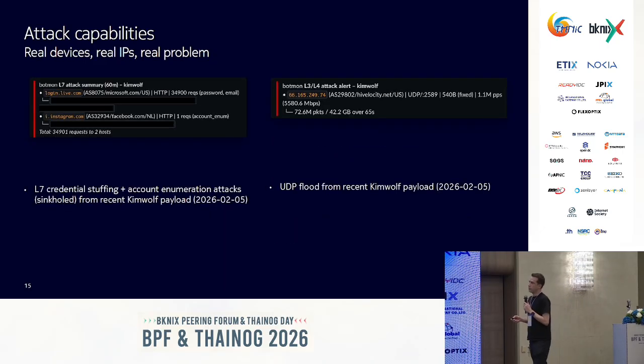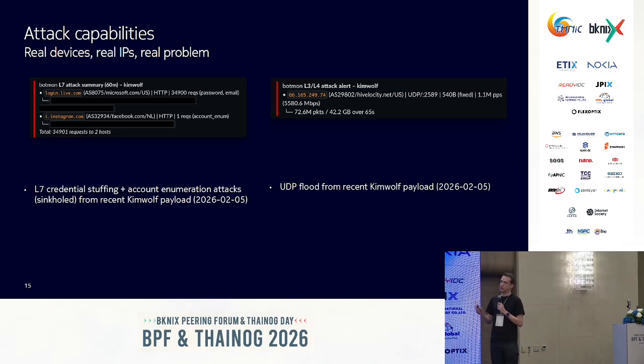Another example, and this is part of what we do, we run the malware to observe what it does. We see, for example, in this case for Kimwolf, it was generating both layer 7 proxy relay commands, and in this case you can see it is trying to log in to Microsoft Live to basically take some stolen credentials and try them on the Microsoft production servers.